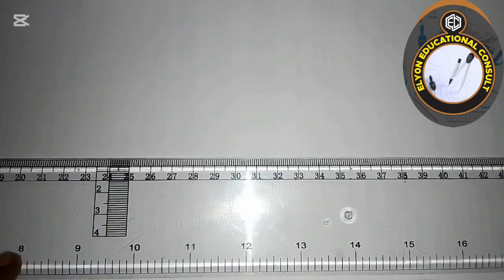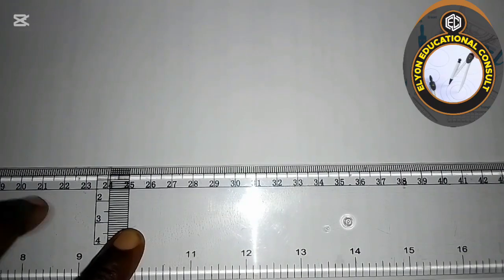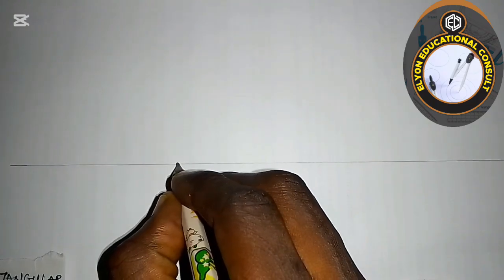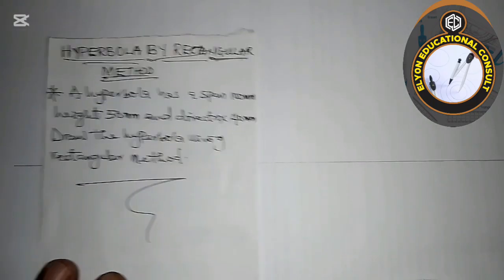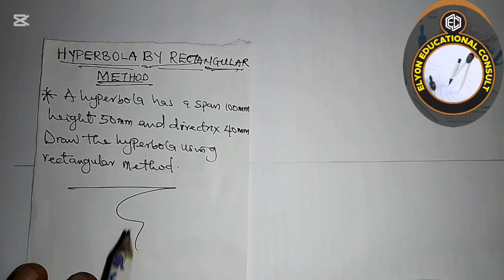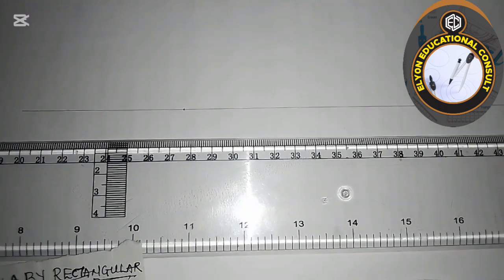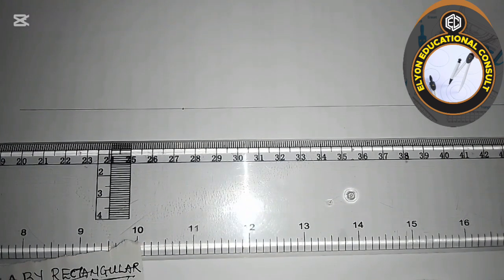So the first thing I'm going to do, let's draw this horizontal line. Then I'm going to pick a point on the horizontal. Okay, we'll pick this point. Now we are told that the span of the hyperbola is 100.